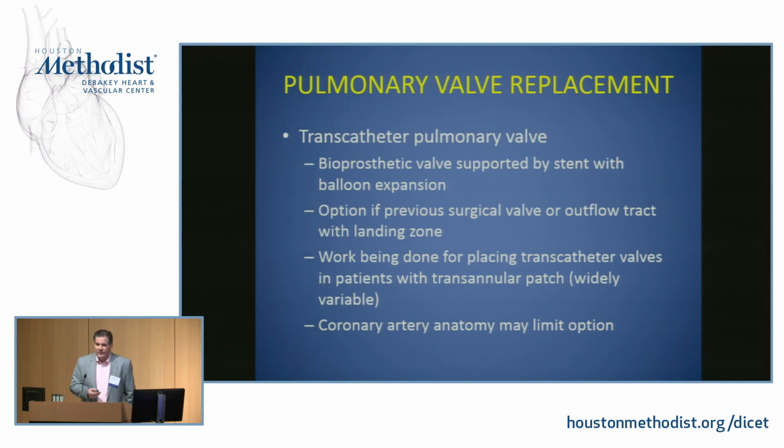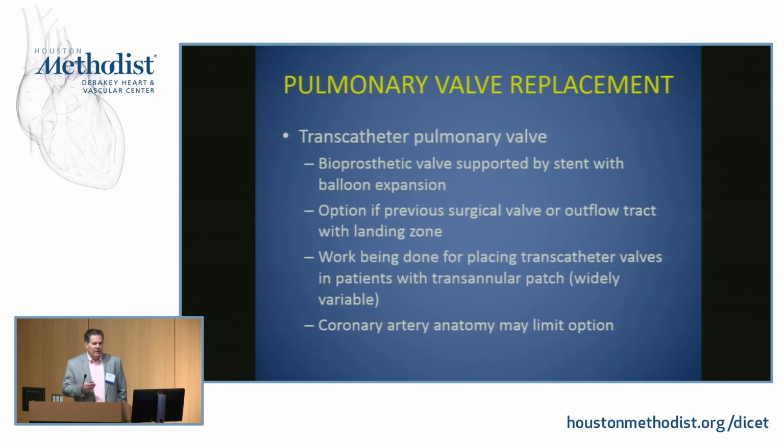More recent is the development of transcatheter pulmonary valves, which is a bioprosthetic valve supported by a stent and placed with balloon expansion in the right ventricular outflow tract. This is an option if you've had a previous surgical valve or if there's a right ventricular outflow tract that has a landing zone where you can place the valve.